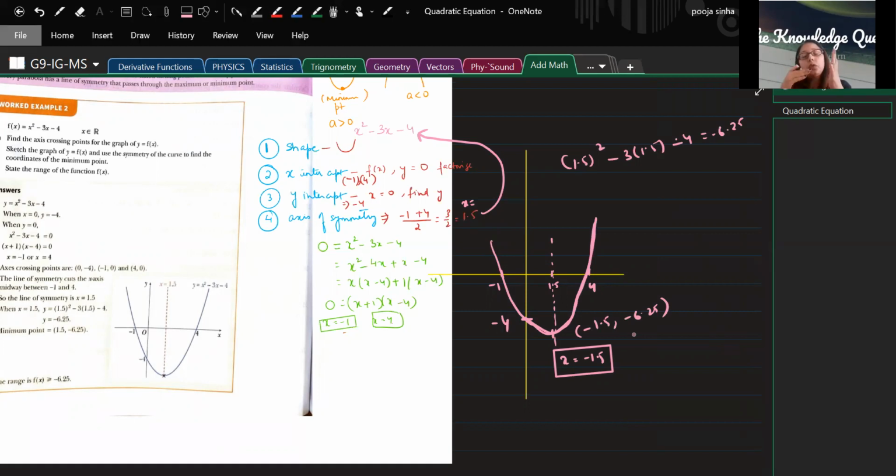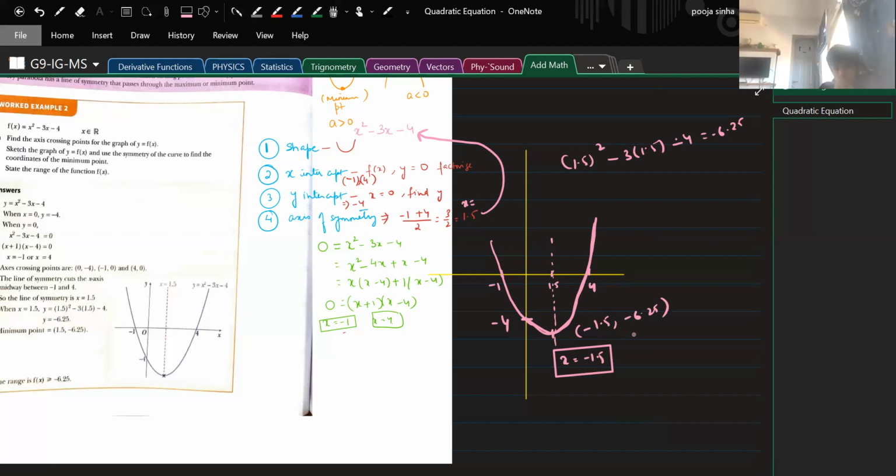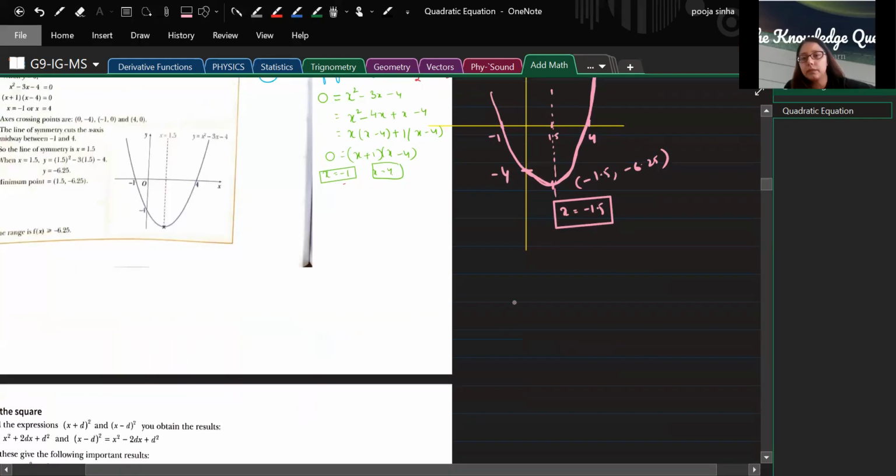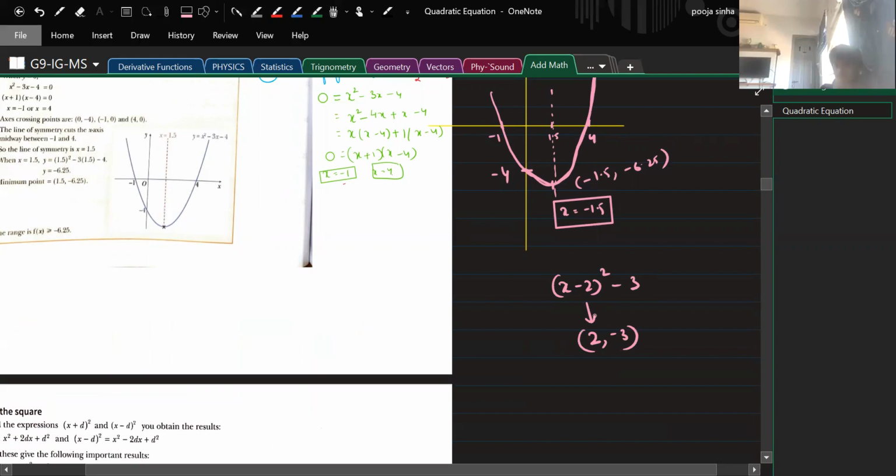Otherwise, आप जो completing the square method कर रहे थे, वहां से भी आपको मिनिमम पॉइंट के पॉइंट्स मिल जाएंगे, ठीक है? सो सपोज जब आपने इसको कंप्लीटिंग द स्क्वायर किया, सपोज आंसर आया (x - 2) whole square - 3. सो मिनिमम पॉइंट इज (2, -3). Understood?